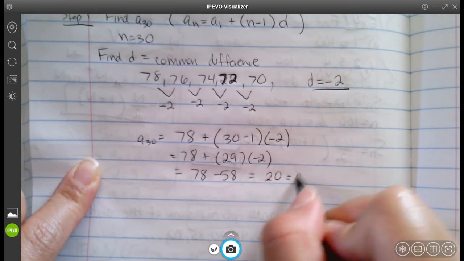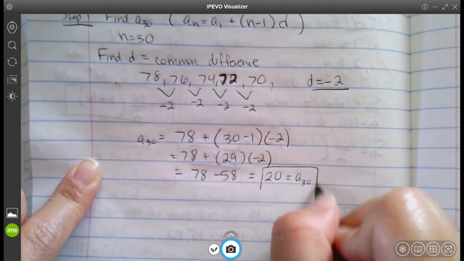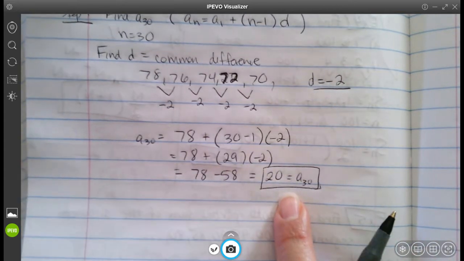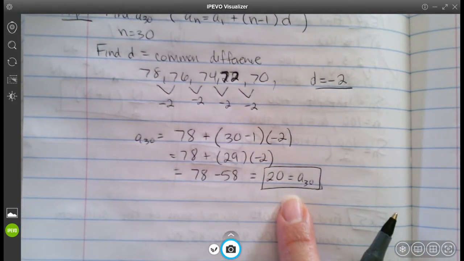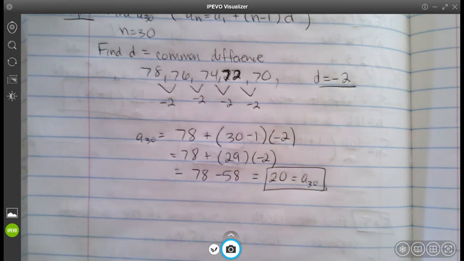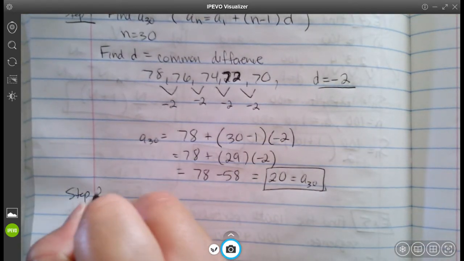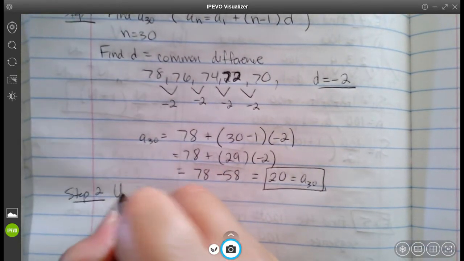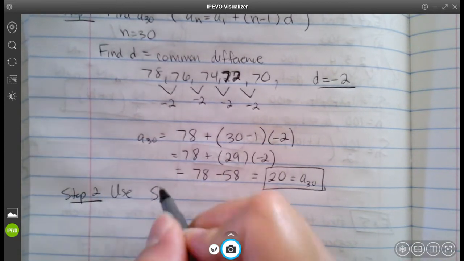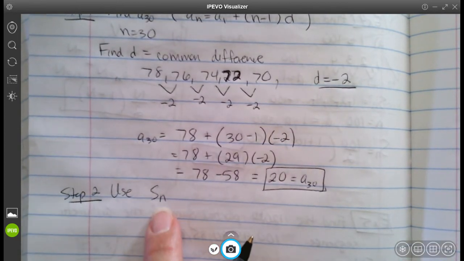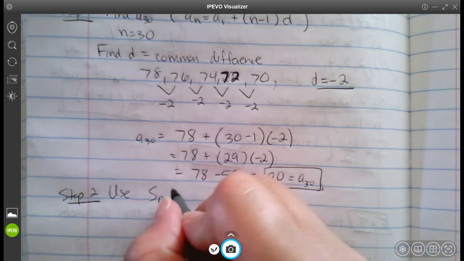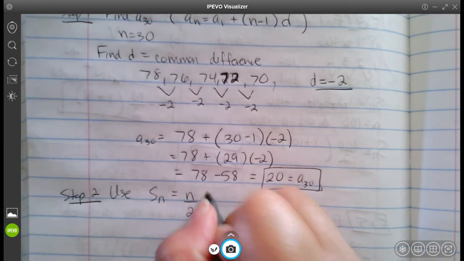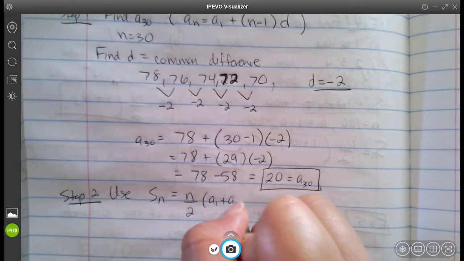So this means that my 30th term is 20. Okay, so now we have our term, we have the first term. So step 2 is to use the other formula. So now we're going to use our formula for the partial sum. So that's going to be n over 2 times a sub 1 plus a sub n.